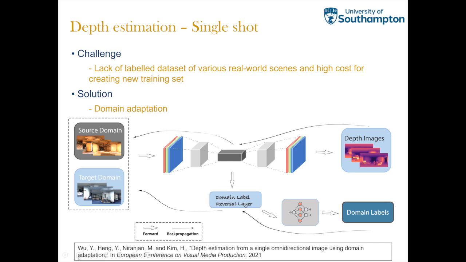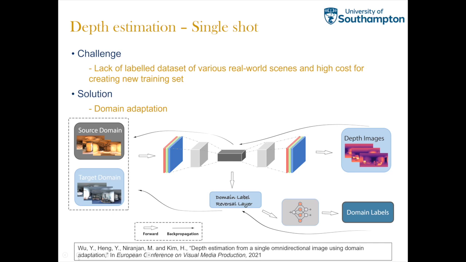But we also have a discriminator there. The discriminator tries to tell whether a depth estimation result is from the source domain or the target domain. And the network is trying to fool this discriminator, so that the generator, the depth estimator, can generate very plausible depths even for target domain images.